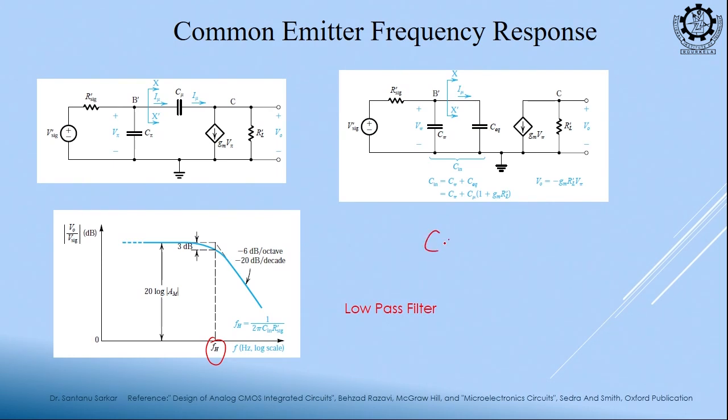If you have a coupling capacitance, is its value small or large? Coupling capacitance is large. They are generally in a few microfarad or even higher, and if you think of internal capacitance, their value is in which range? Femtofarad, right.